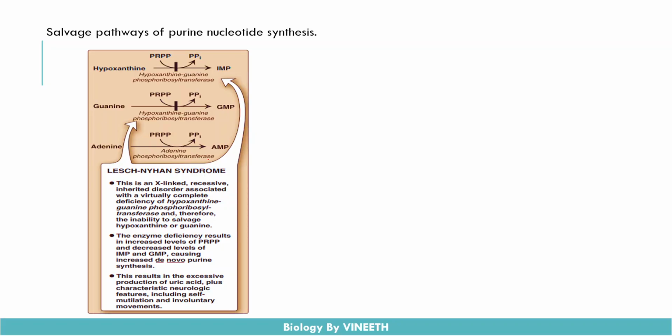This uric acid is toxic, and it also results in a lot of conditions in the body, like pain. Uric acid crystals accumulate in the knees or in the synovial fluid, and a lot of neurological disorders also occur in the individuals. So this is about Lesch-Nyhan syndrome.